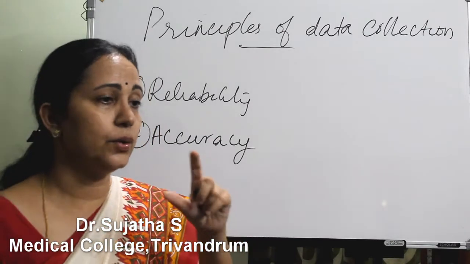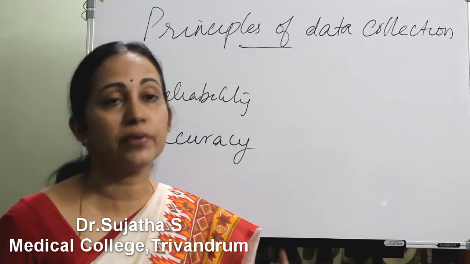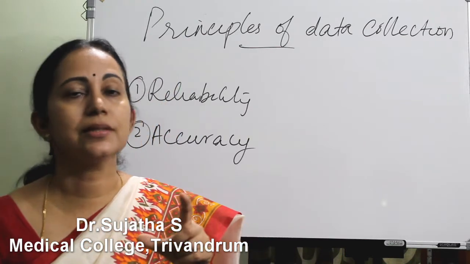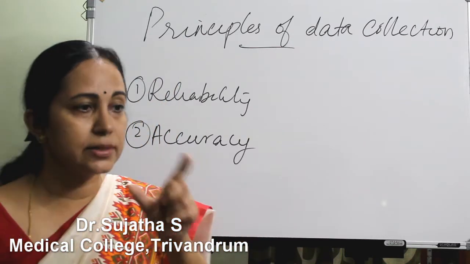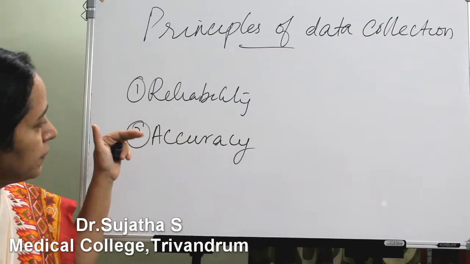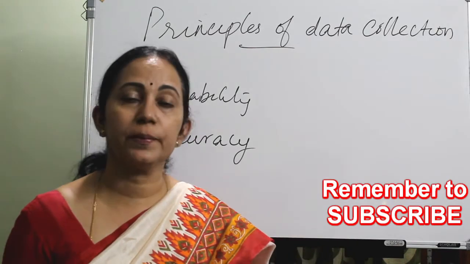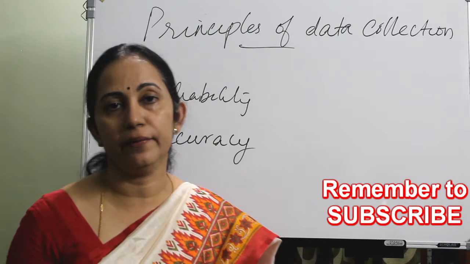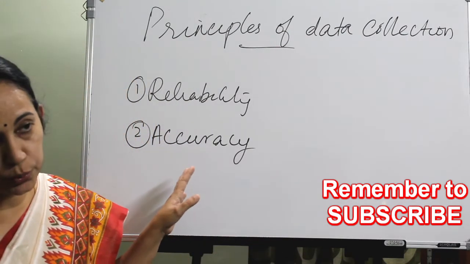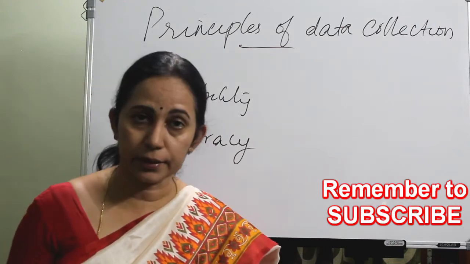If the same tool is used many times and also by different persons, the result should on average be the same. That is reliability. And accuracy is defined as the ability of a measurement to be correct on an average. So these two depend on how you do the data collection.